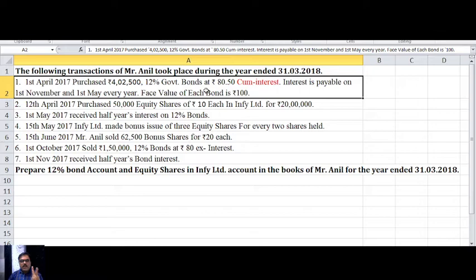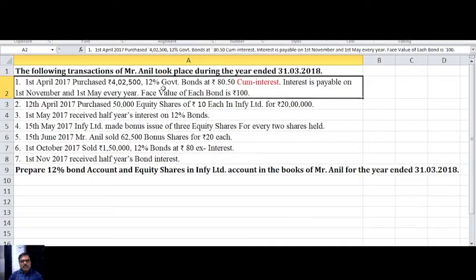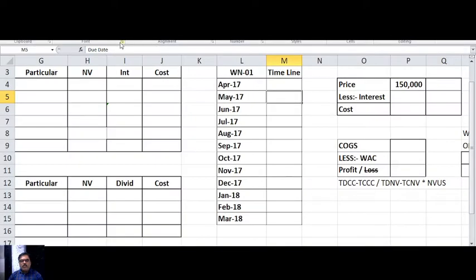So here they have given two pieces of information. One is interest payable on 1st November, and second is 1st May every year. So interest on 1st May is one due date, and 1st November is another due date.